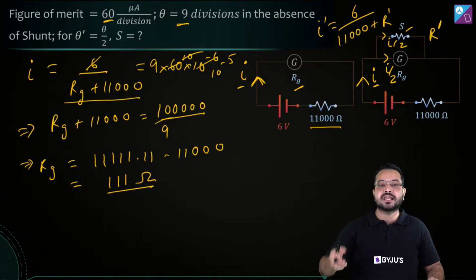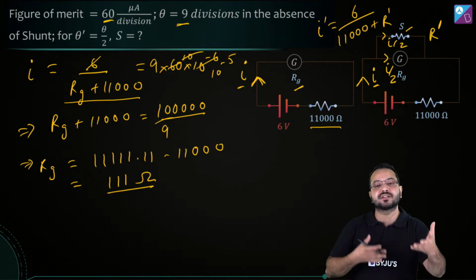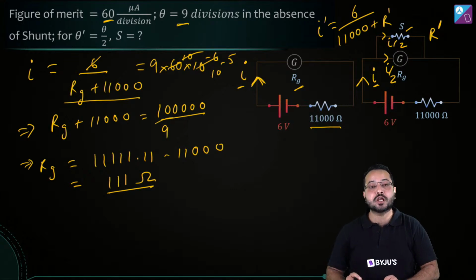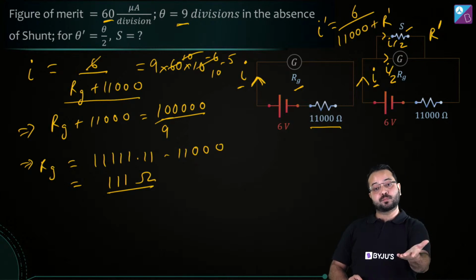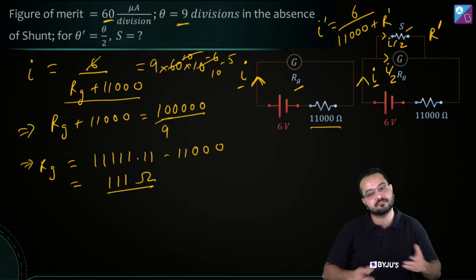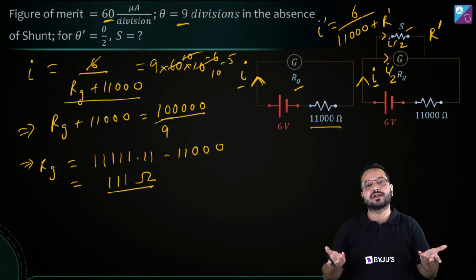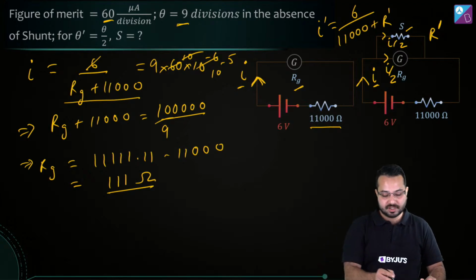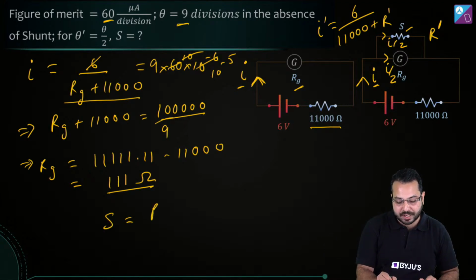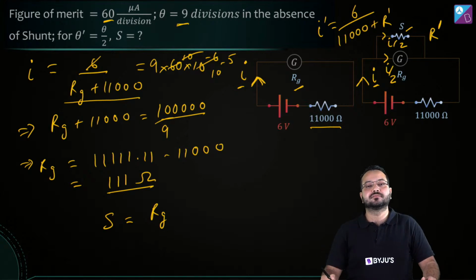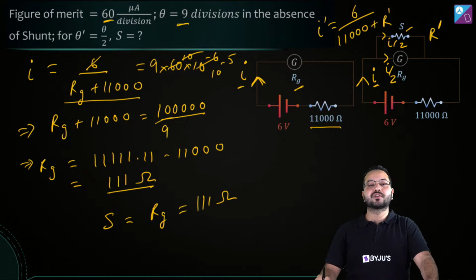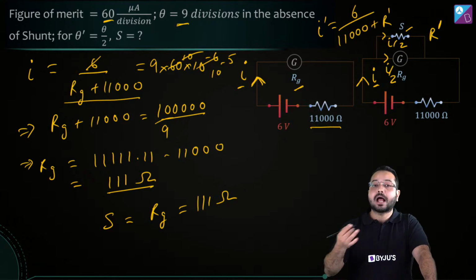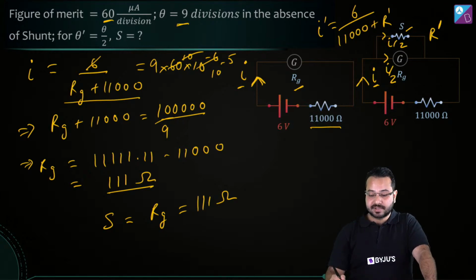And when is the current equally divided into two parallel branches? When the resistances of both those branches are equal. So simply S is going to be equal to Rg. That's it. S is approximately going to be equal to 111 ohm, and that is my answer. Is that right?